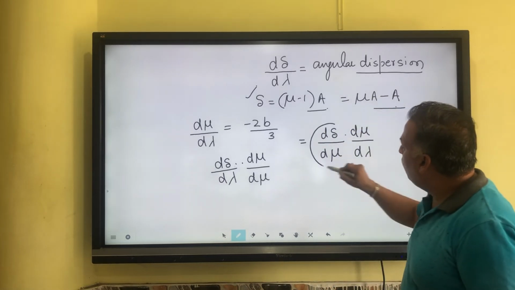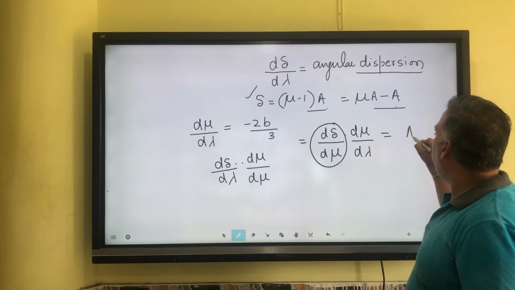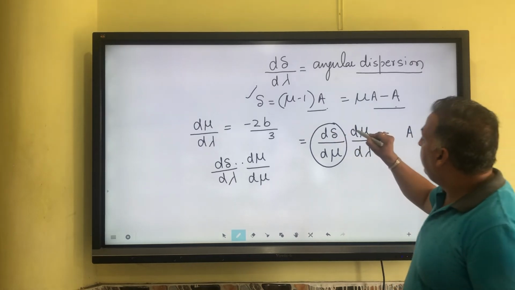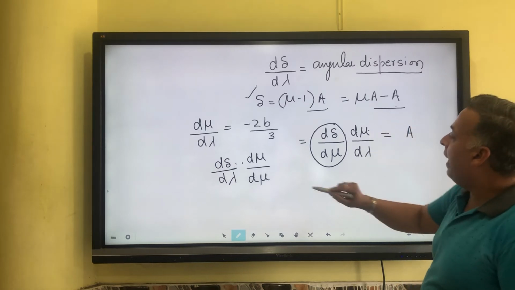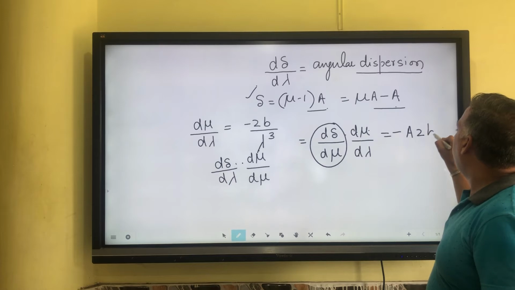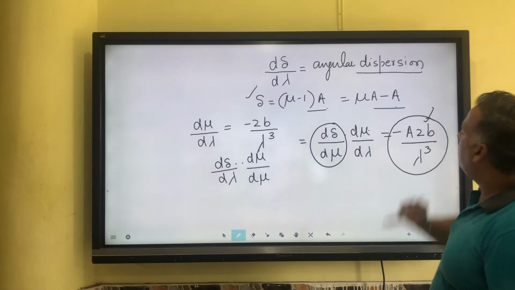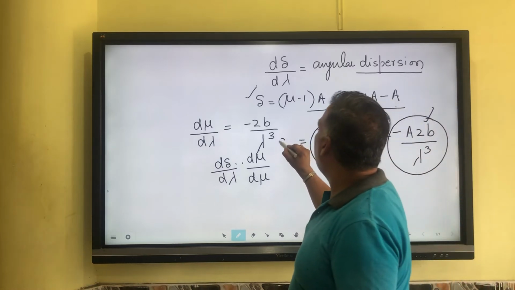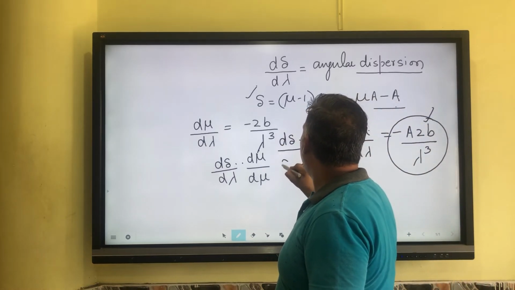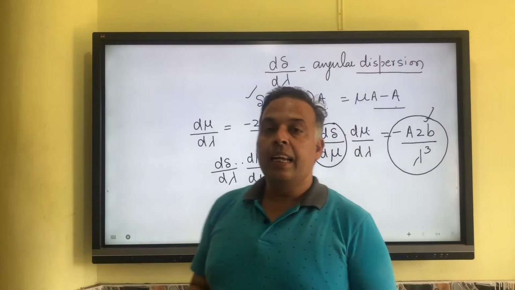The first value was equal to A, which we have proven. And d mu by d lambda is equal to minus 2B upon lambda cube. So this comes to be d delta by d lambda.